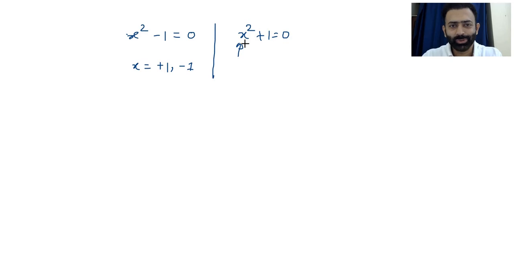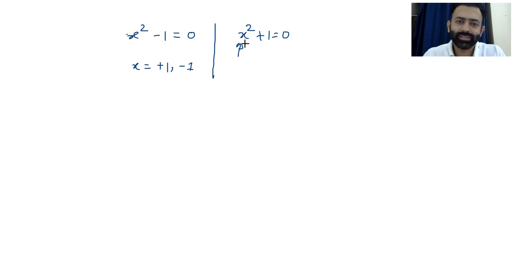But as far as real numbers are concerned, any number whose square you are finding, that square is always positive. If you have a positive number, of course its square is positive, and if there is a negative number, its square is also positive, right? So you won't find any real solution for this equation, meaning you won't find any x whose square is negative.